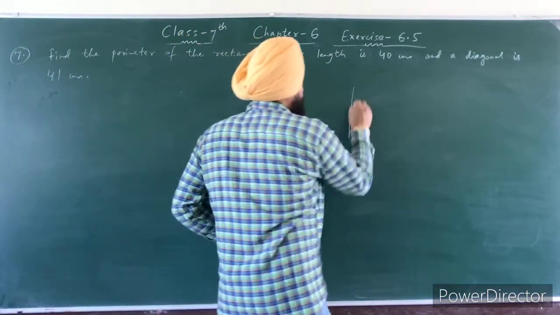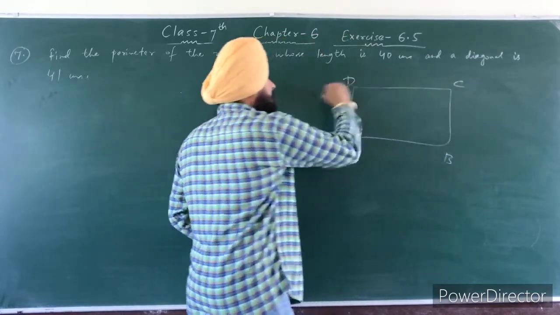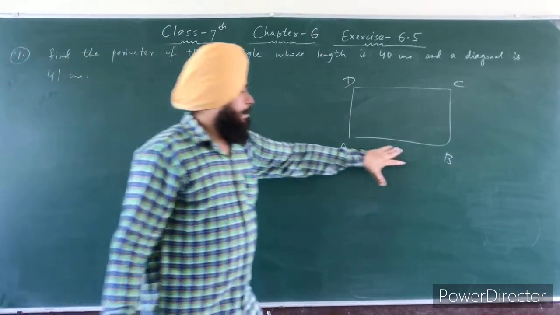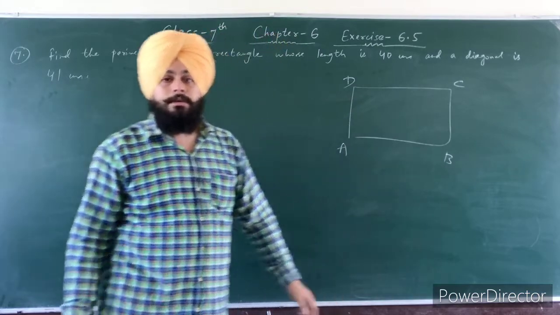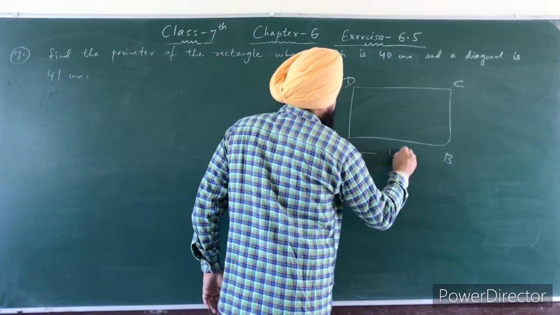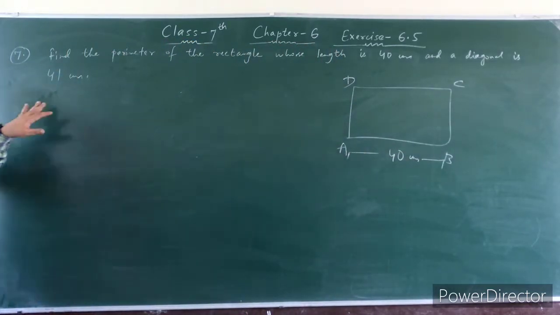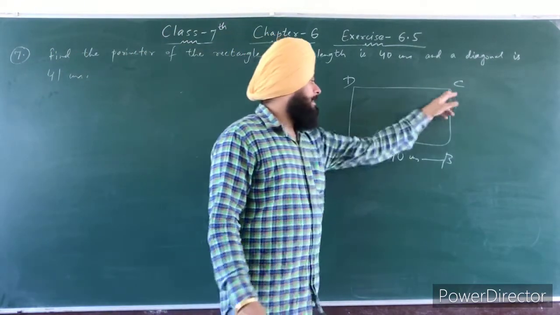Alright. So draw a figure of a rectangle and name it ABCD. In this rectangle ABCD, AB and CD are the length and AD and BC are the breadth of the rectangle. So the length is given here. It is 40 cm and the diagonal is 41 cm. There are two diagonals in a rectangle, AC and BD.